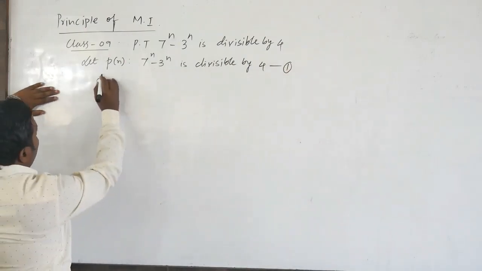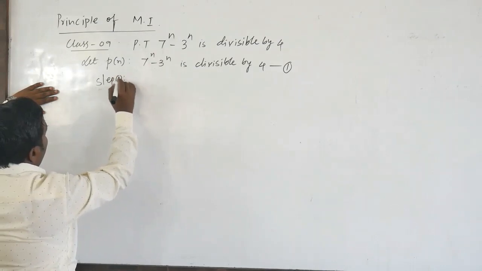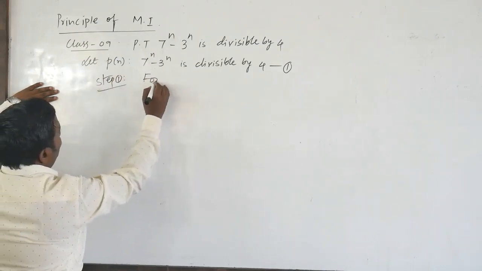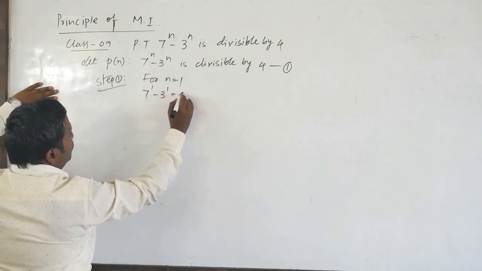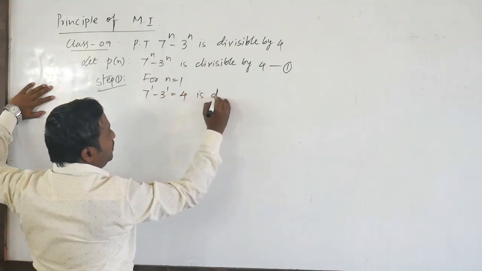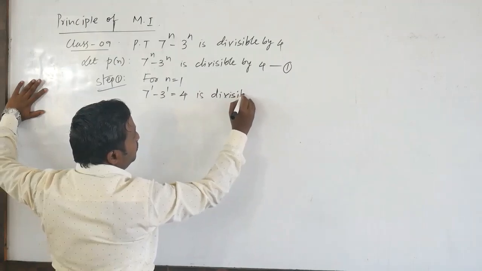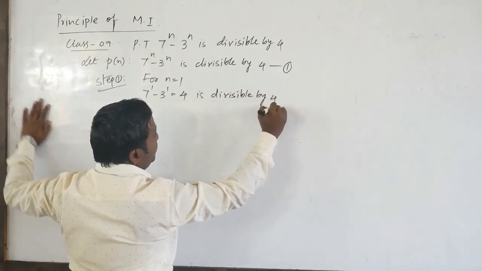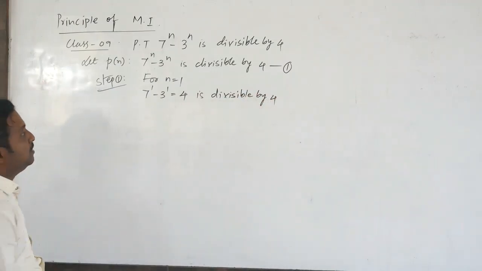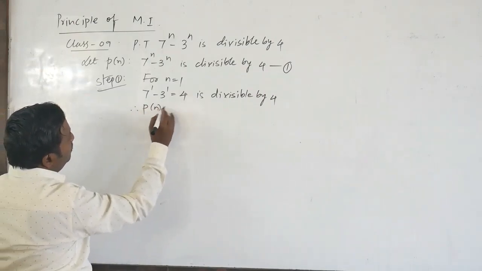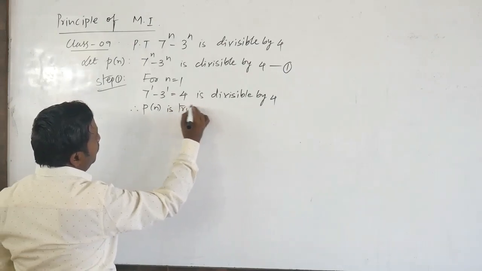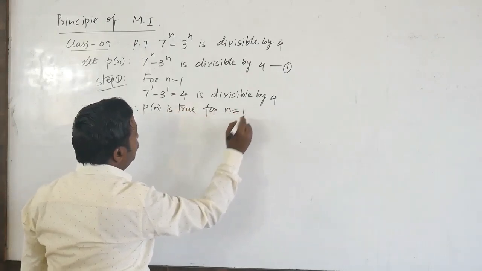Step 1: for n equal to 1, 7 raised to 1 minus 3 raised to 1 is equal to 7 minus 3 equals 4, which is divisible by 4 itself. Every number is divisible by itself. Therefore, what is your conclusion? P of n is true for n equal to 1.